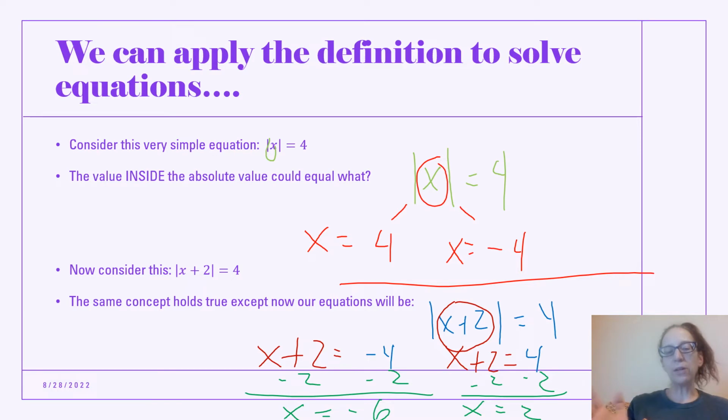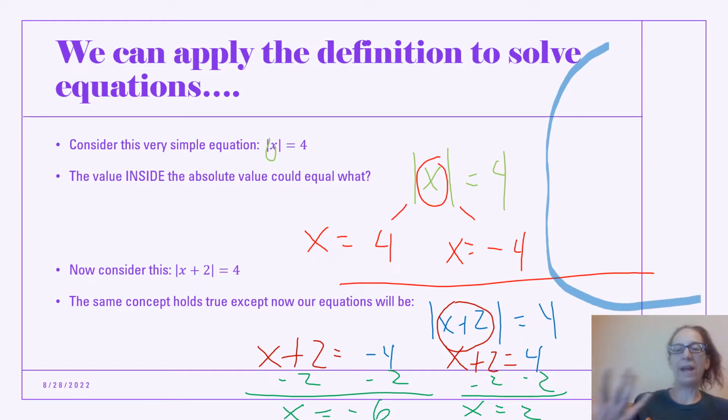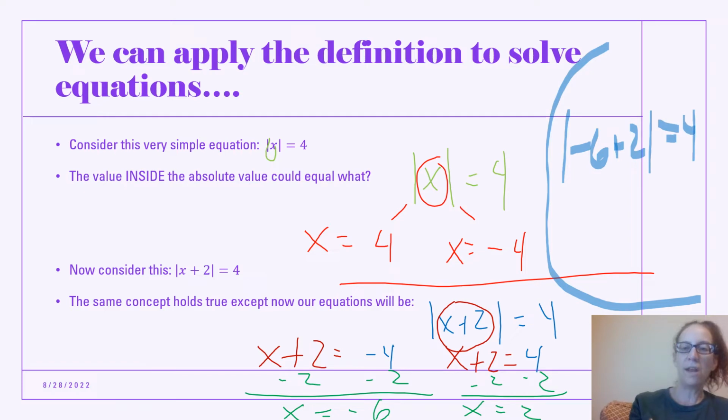And then what you can do is check that. So again, if you know what a solution is, you can go ahead and check it. So I'm going to go and plug in the -6. So we'll have -6 plus 2, absolute value is 4. -6 plus 2 is -4.